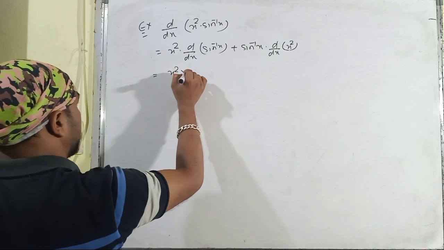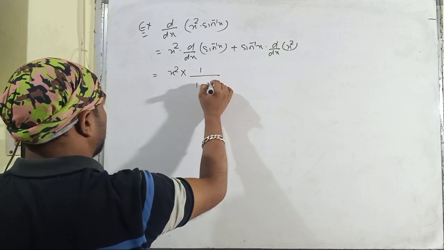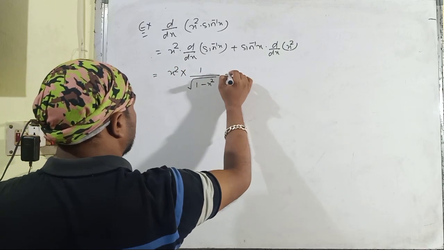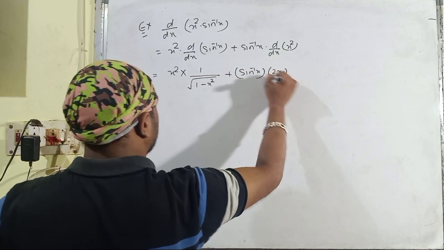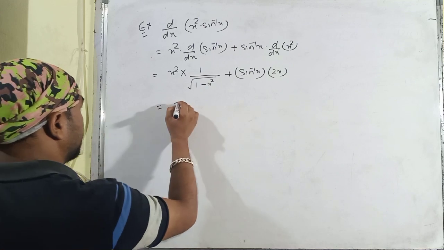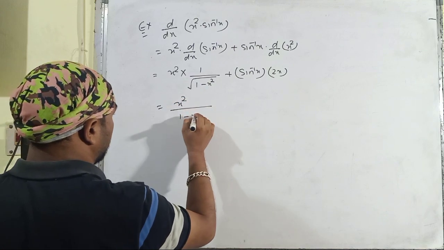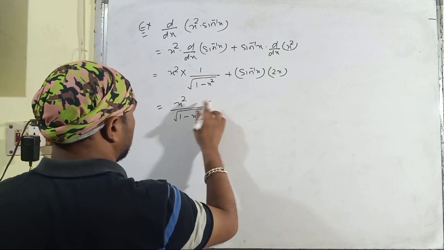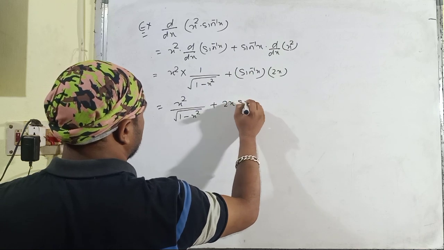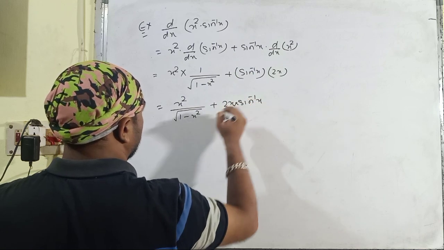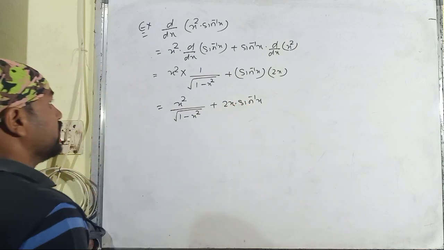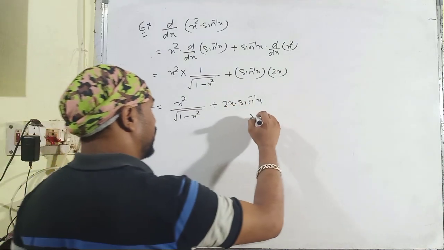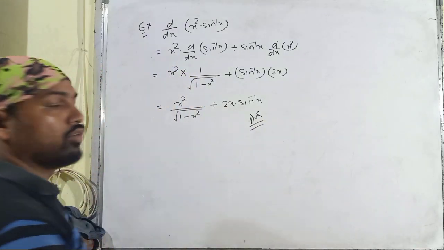So it is x square multiplied with 1 upon square root of 1 minus x square plus sine inverse x multiplied with 2x. Then it is x square divided by square root of 1 minus x square plus 2x multiplied with sine inverse x. And here it is the solution for the given problem.